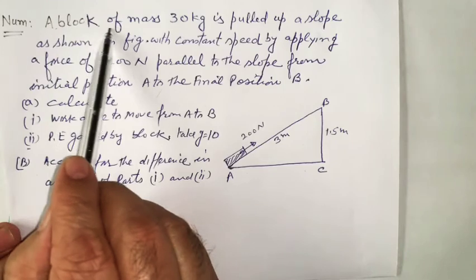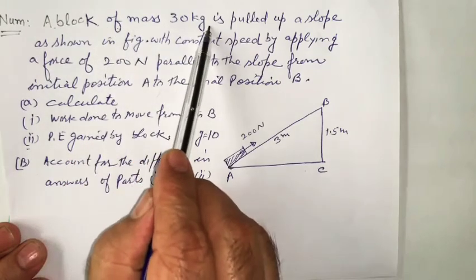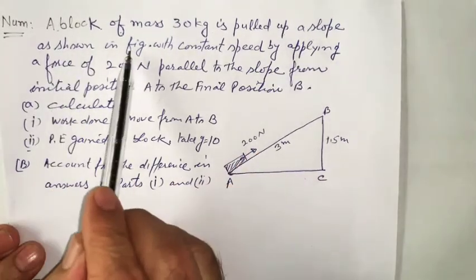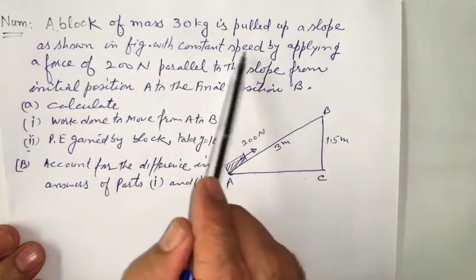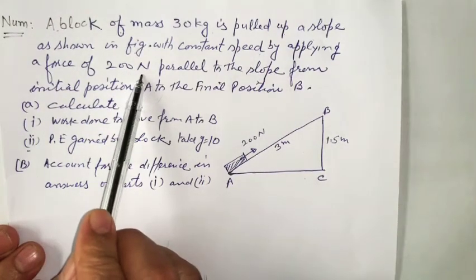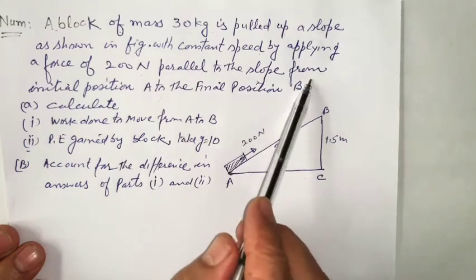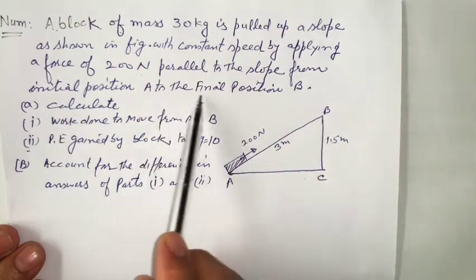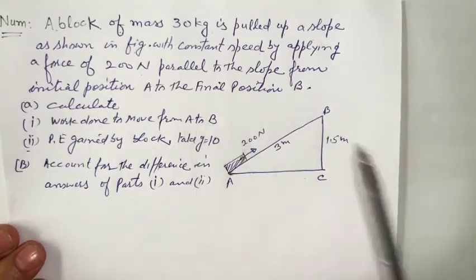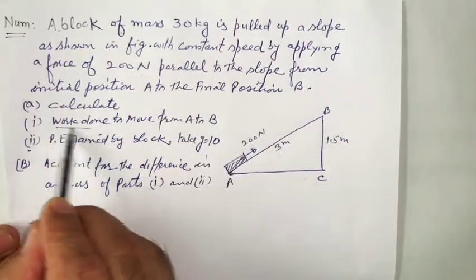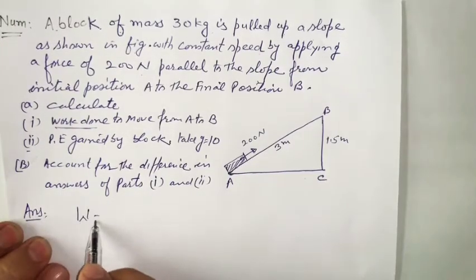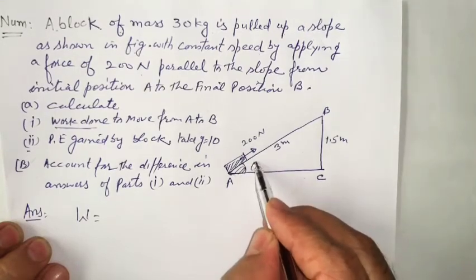Suppose a block of mass 30 kg is pulled up a slope as shown in figure with constant speed by applying a force of 200 Newton parallel to the slope from initial position A to the final position B. Calculate work done to move from A to B. Very simple. You know work is always, use the formula, let this angle be theta.